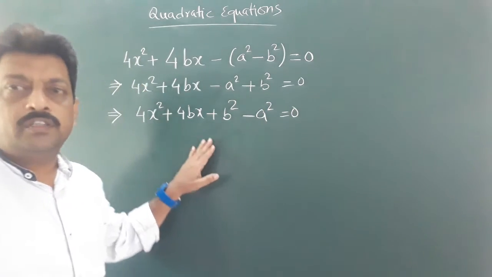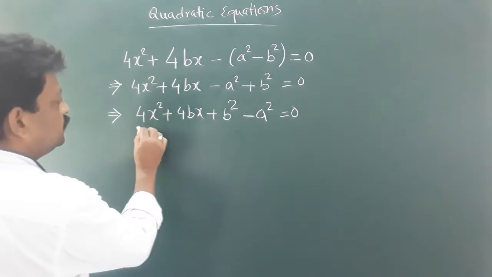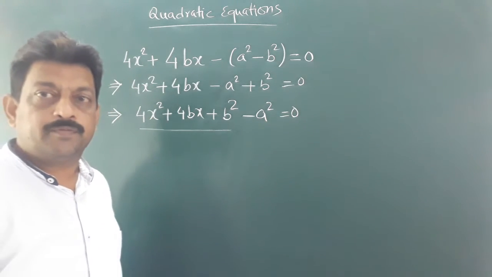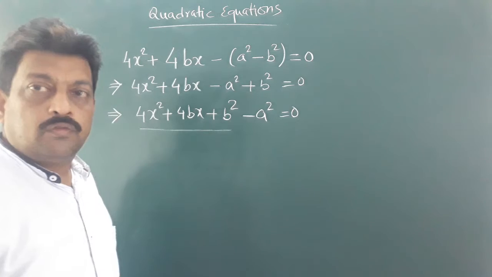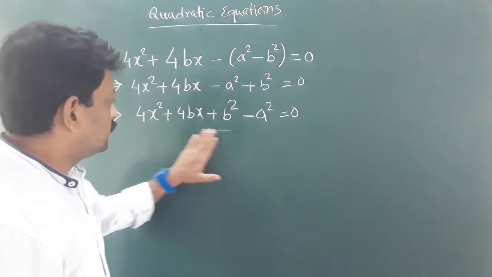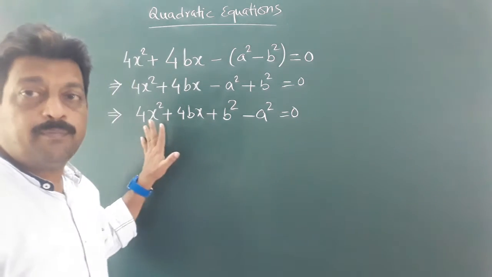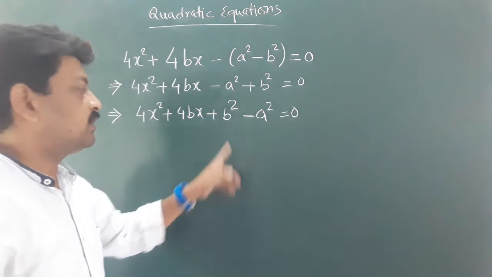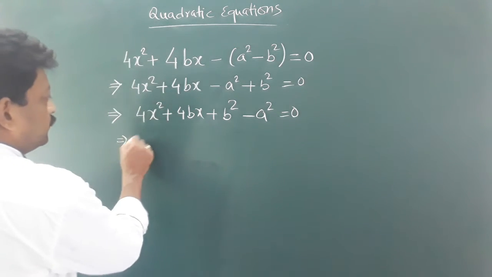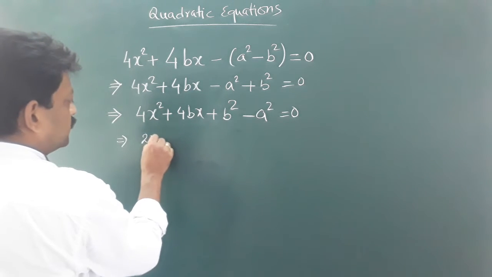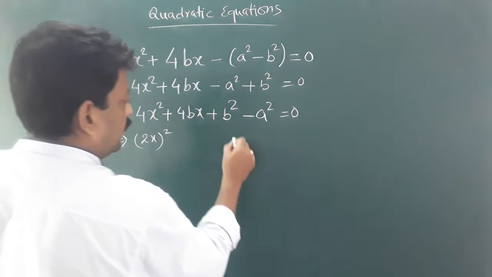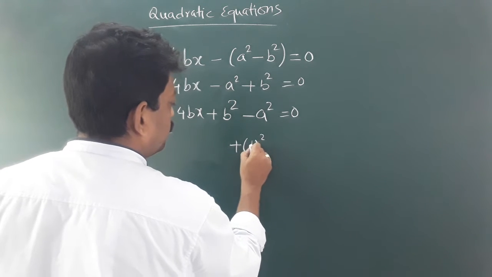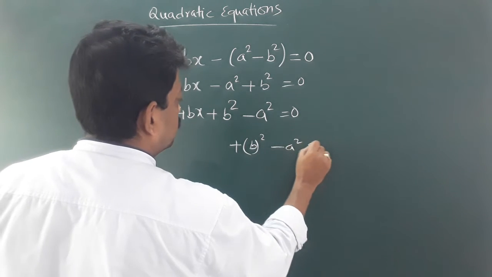Now why have I written this b square here? Because you can see this is in the form of a plus b whole square. So we have to write this in that form. 4x square can be written as 2x whole square and b square as b whole square, minus a square equals to 0.